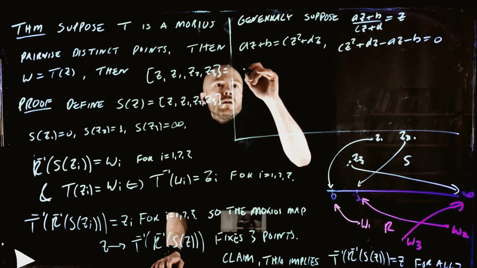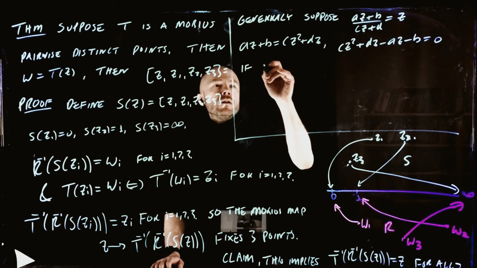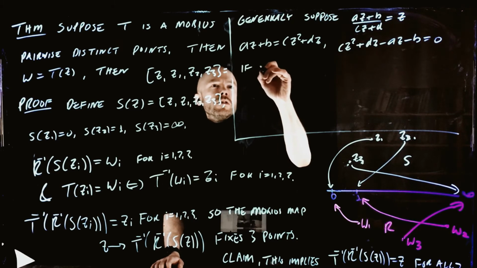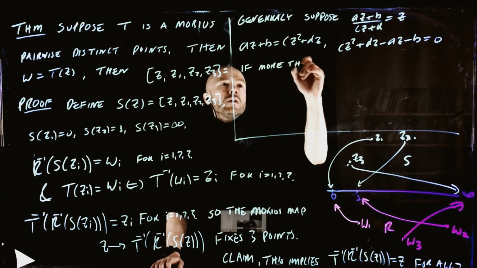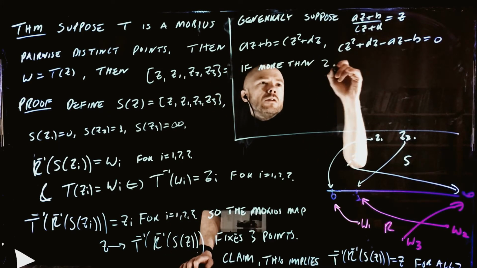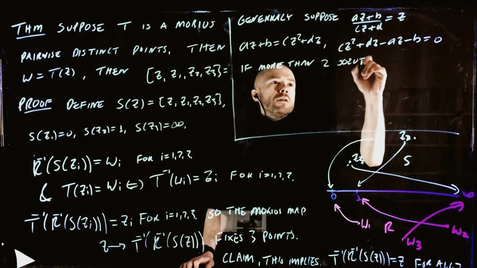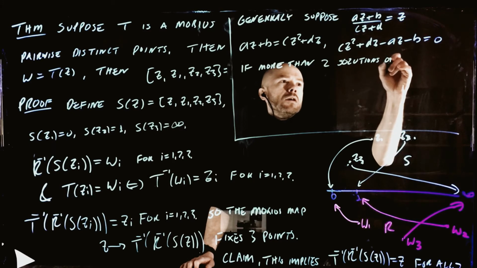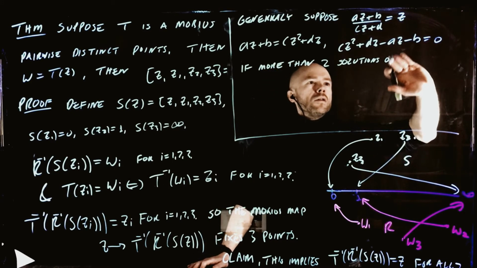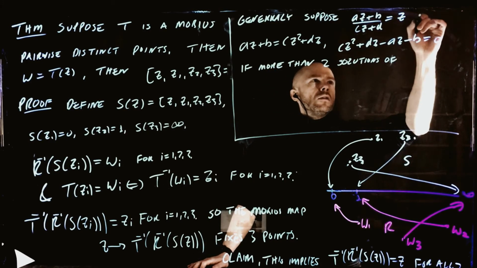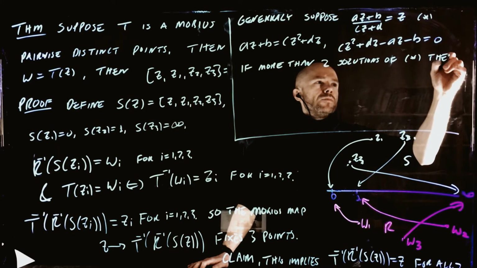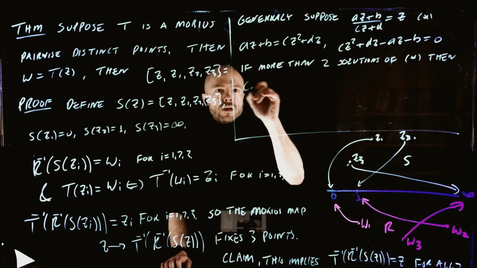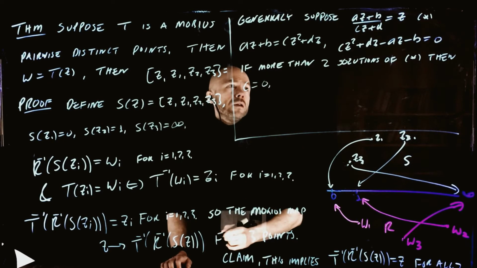Okay, so if more than 2 solutions, then c is equal to 0, right?